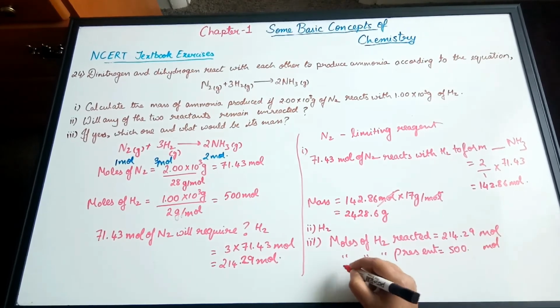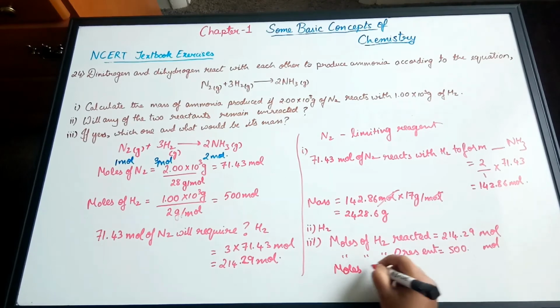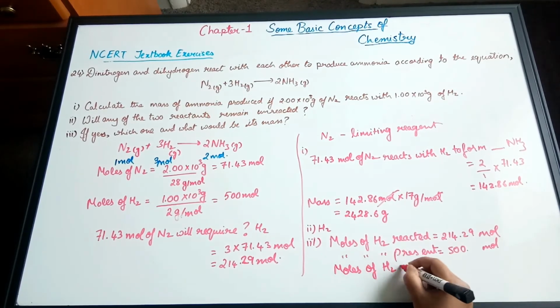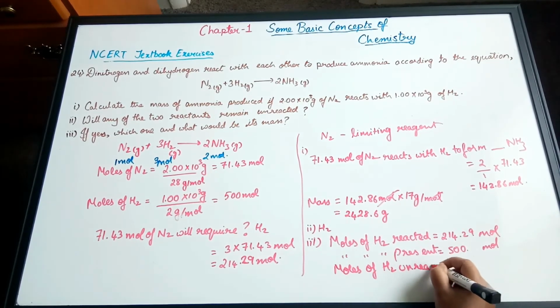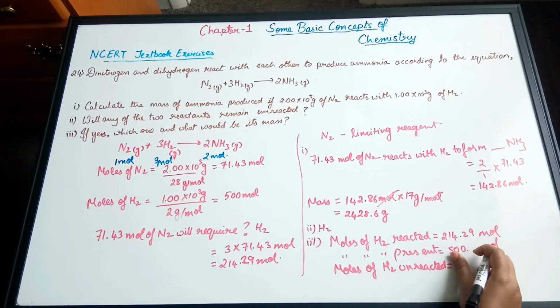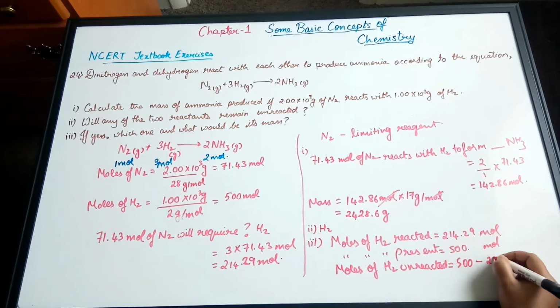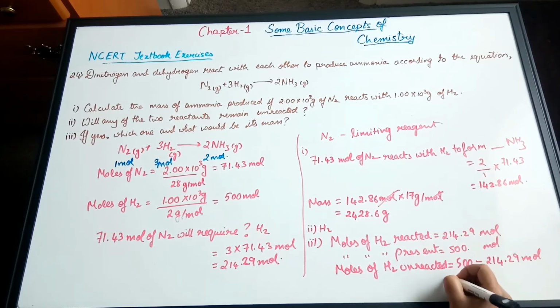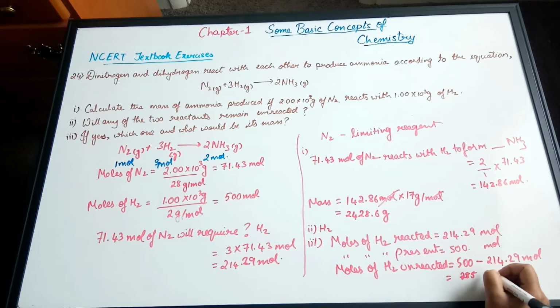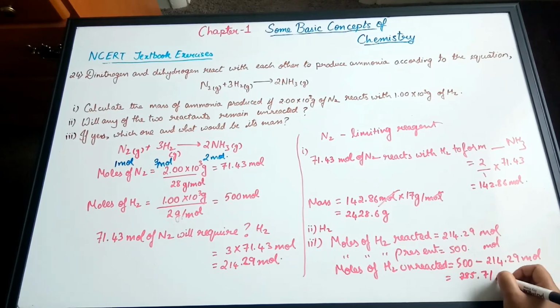So moles of hydrogen unreacted would be equal to 500 minus 214.29 moles, that is equal to 285.71 moles.